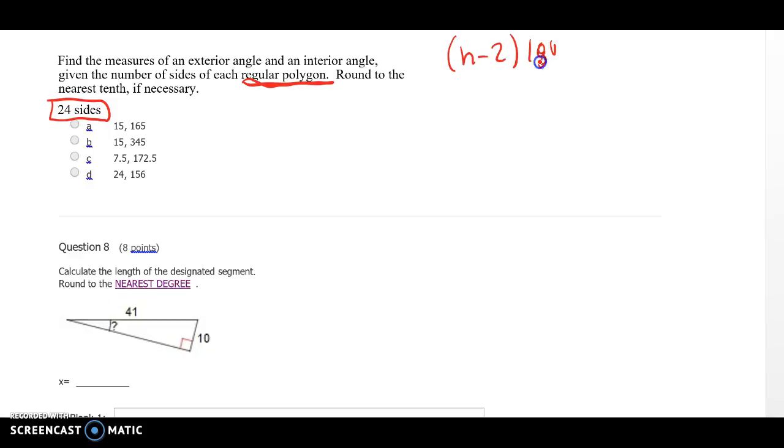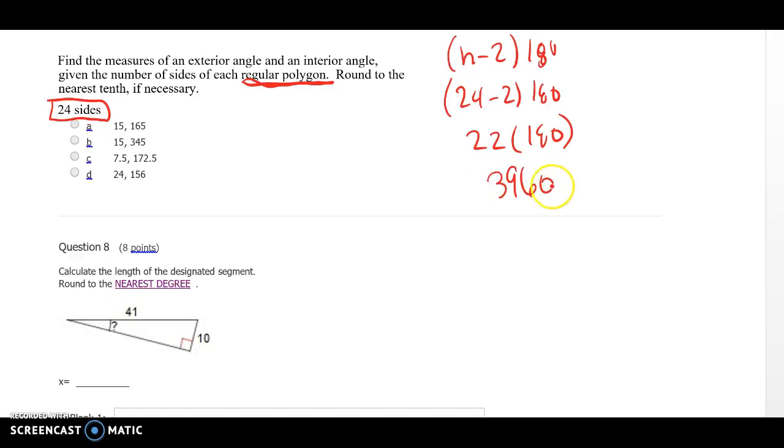That finds the sum of the interior angles, with n being the number of sides. So in this case, it's 24 minus 2 times 180. 24 minus 2 is 22, times 180. Then we'll find that all of our interior angles add up to a pretty big number, 3,960.